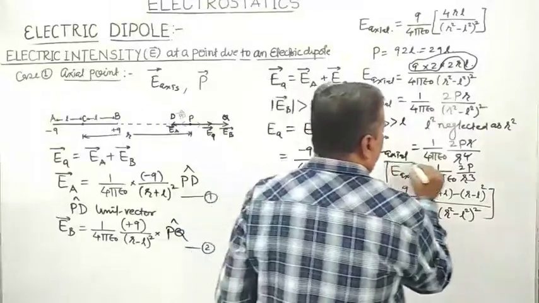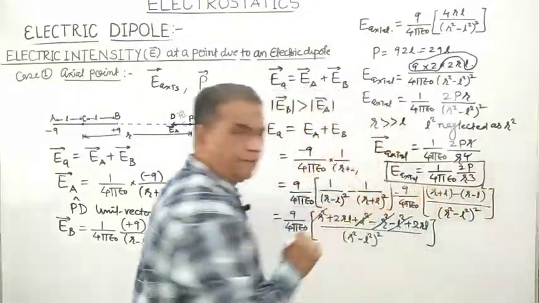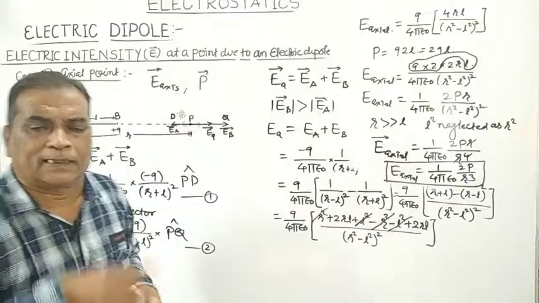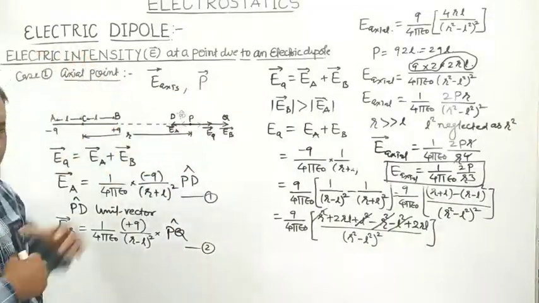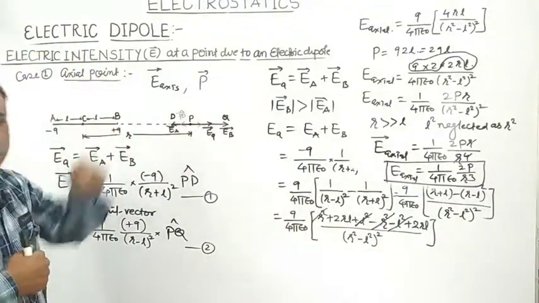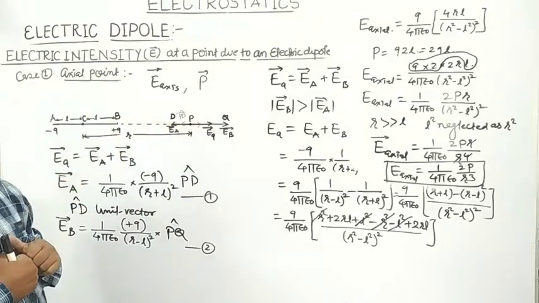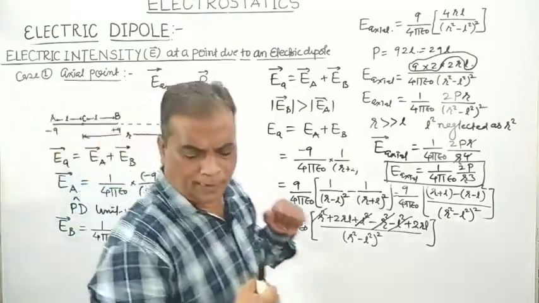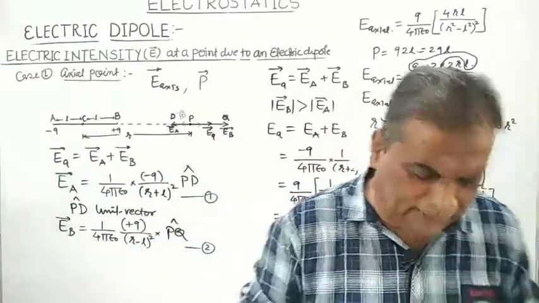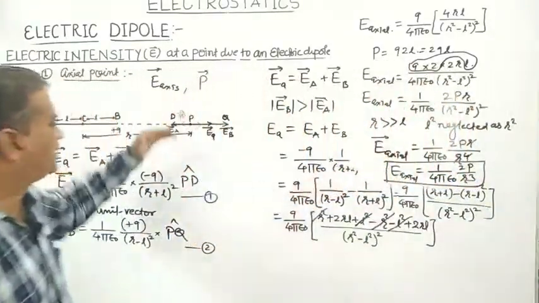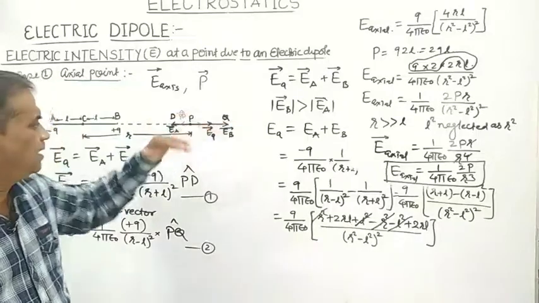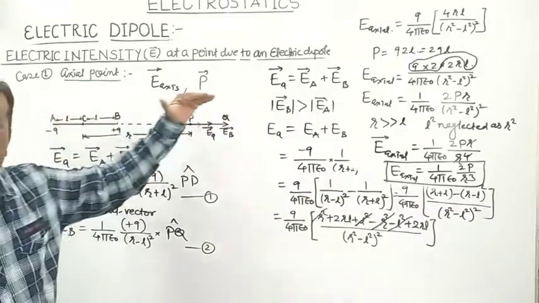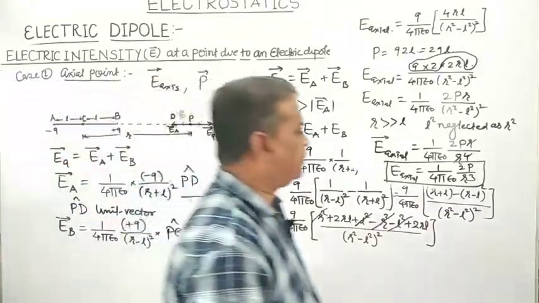So this is about the magnitude of the resultant electric field intensity at any point along the axis due to an electric dipole, and the direction of the resultant electric intensity is away, along the direction of the electric dipole moment.